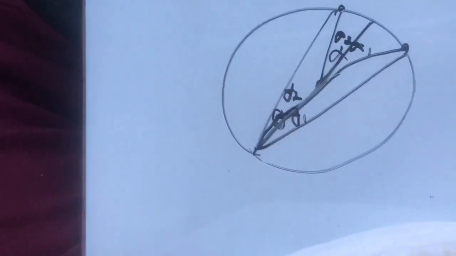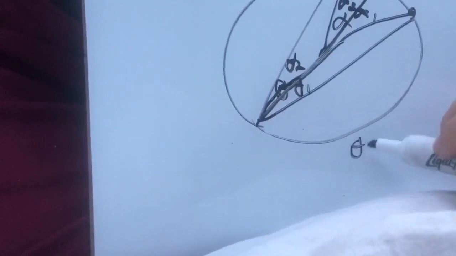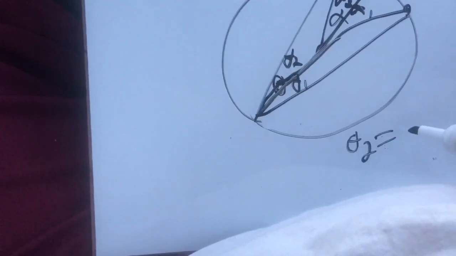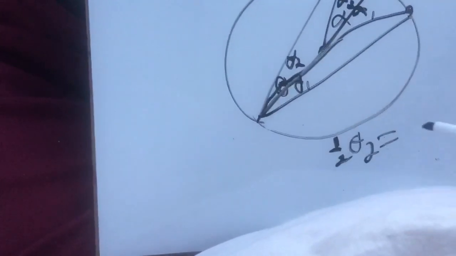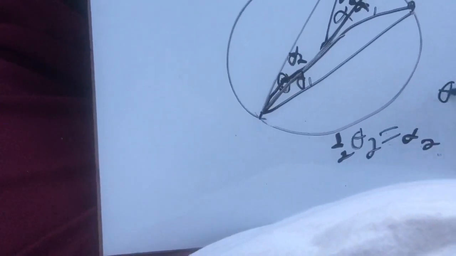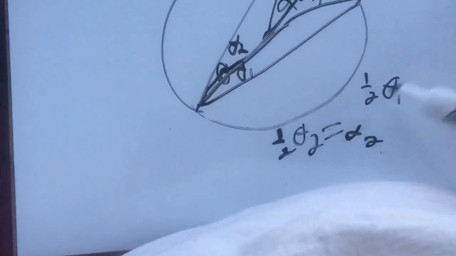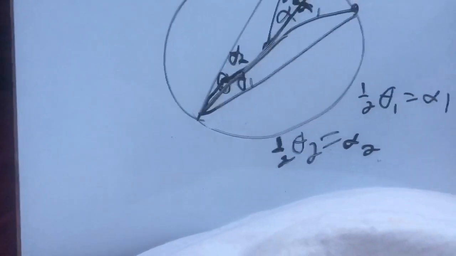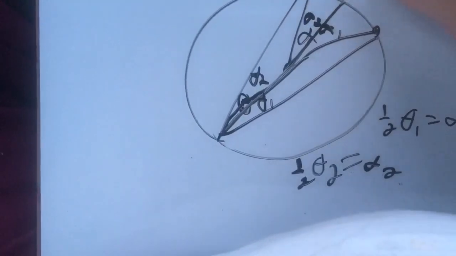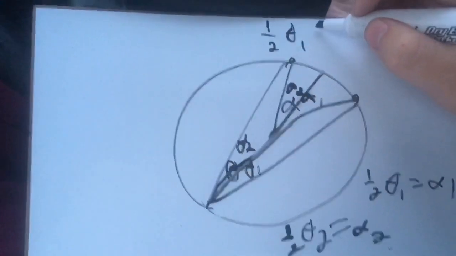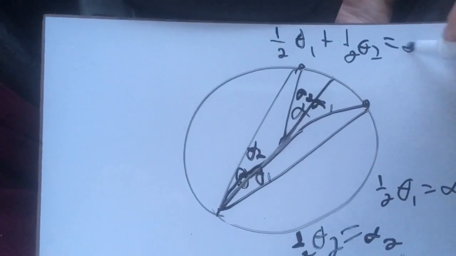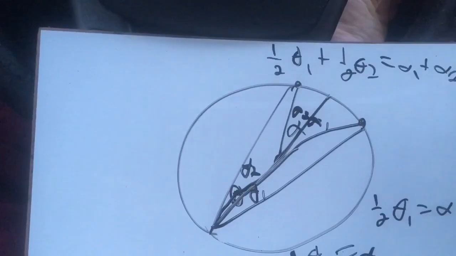So we know that theta 2 is going to be half alpha 2, and we know theta 1 is going to be half alpha 1. So if we add, half theta 1 plus half theta 2 is equal to alpha 1 plus alpha 2.